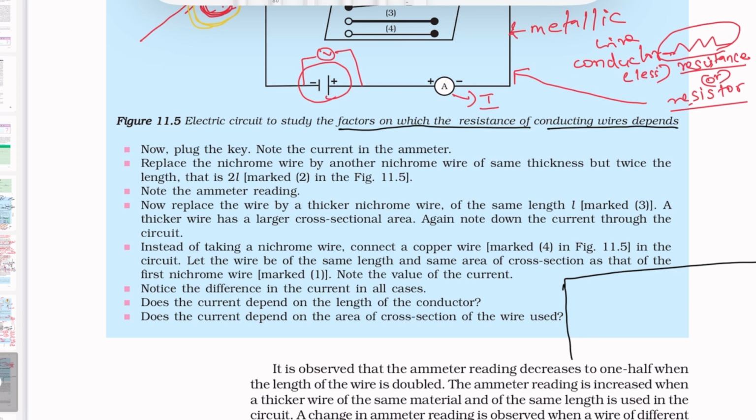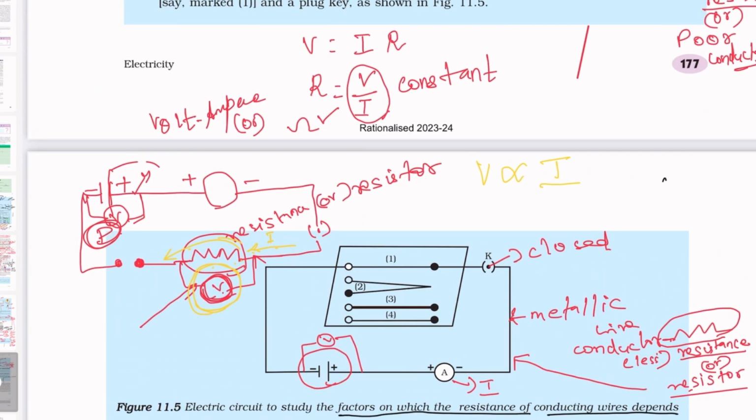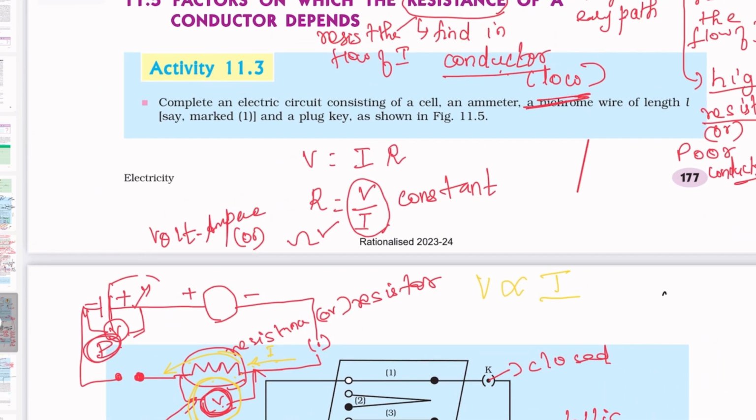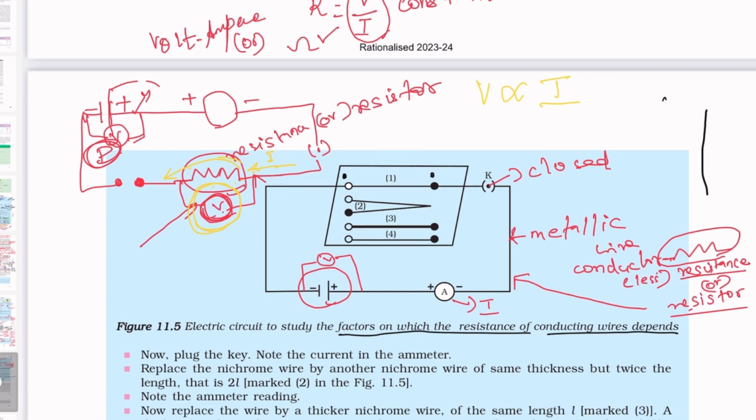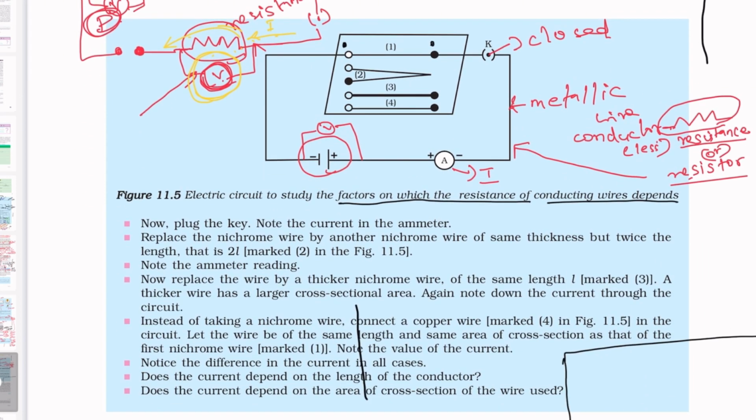First, you see, marked one, I will take between these 2 points different types of wire of different composition. So first, when I place 1, this is the wire number.